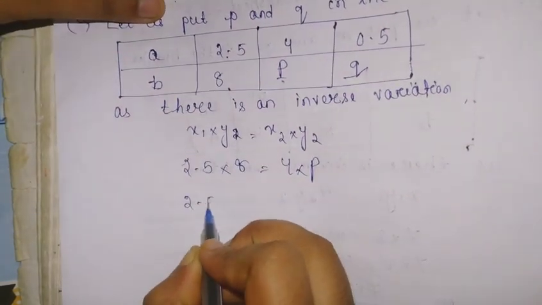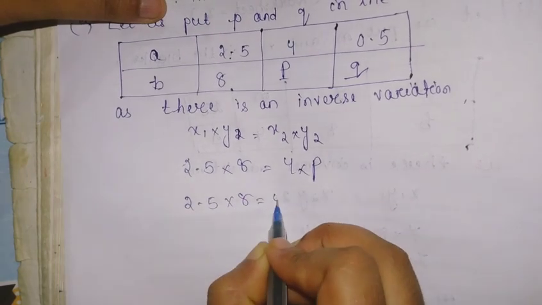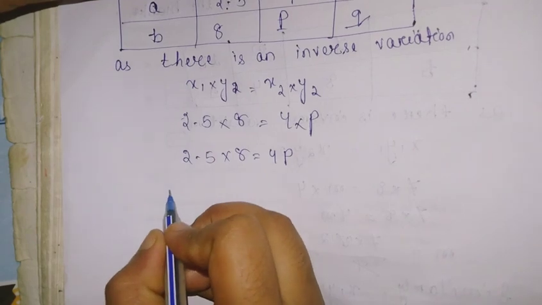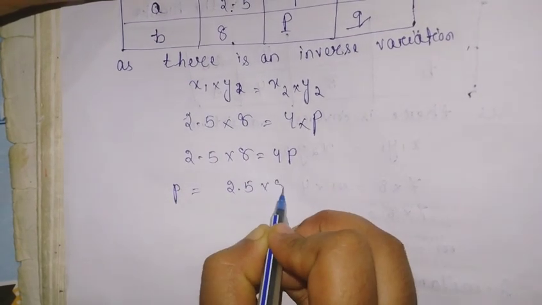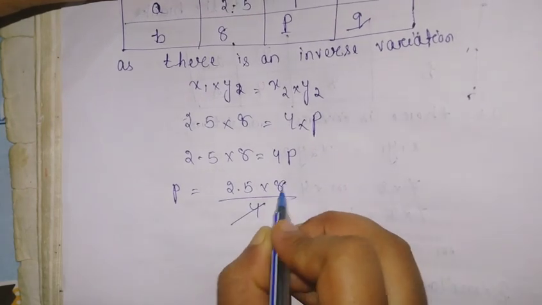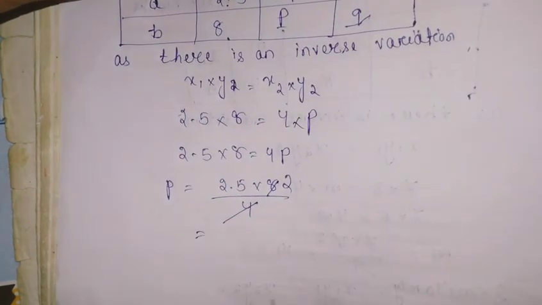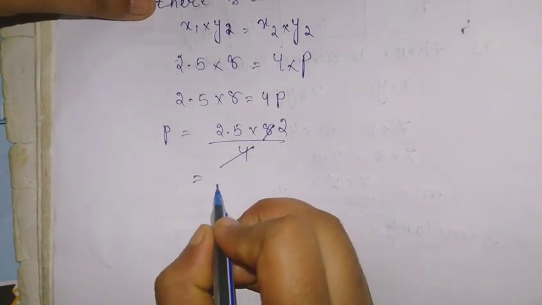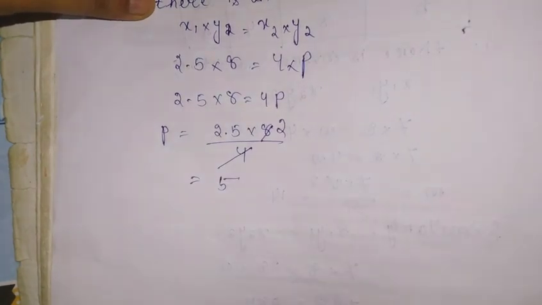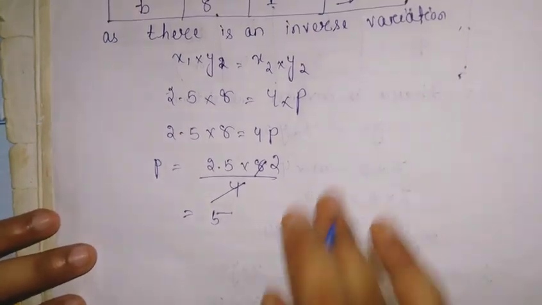Then 2.5 into 8 equals 4p. Then p equals 2.5 into 8 divided by 4. 4 twos are 8. Then 2.5 into 2 equals 5. P equals 5. Similarly, we find Q.